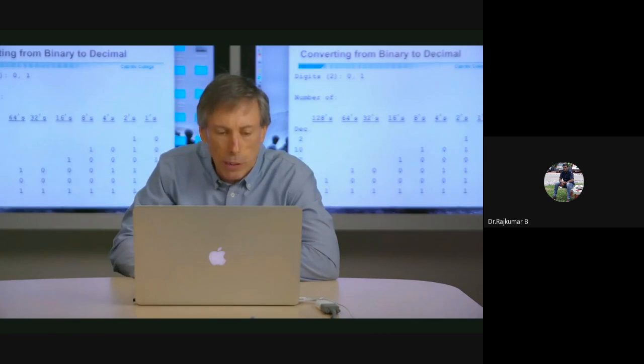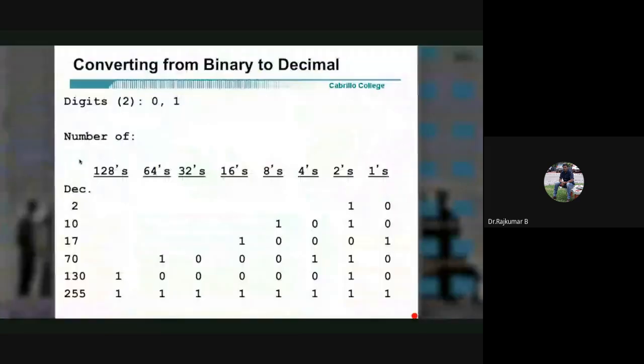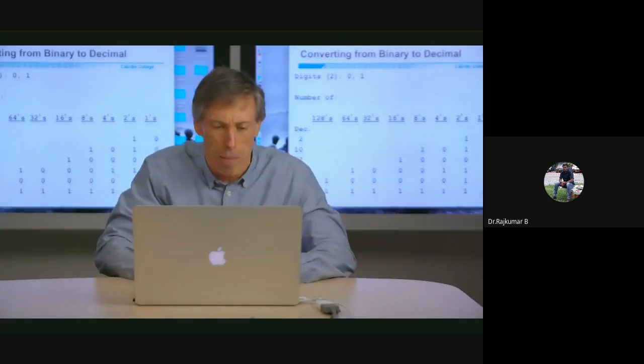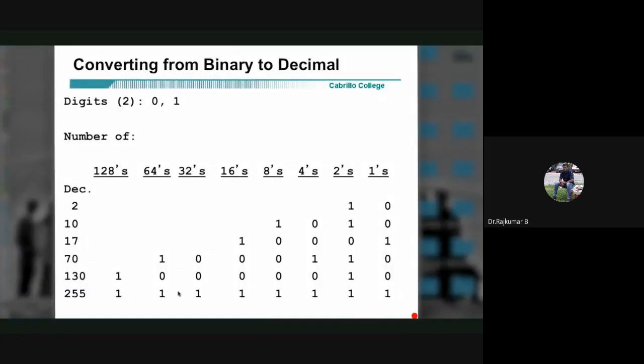So 256 would be 1 in the 256 column, and then all zeros. So if the next column is 256, and we have all ones here, we just subtract 1 from 256, and that's 255. If that doesn't make sense, don't worry about it. All you have to do, again, is add up wherever we have a 1 in that column. Add those column headings up, and we get the answer.